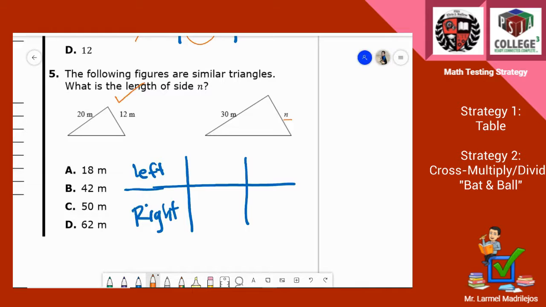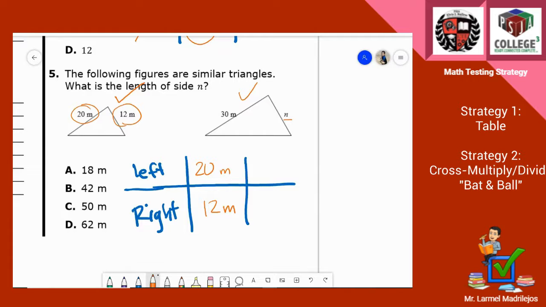On my left side, it's 20 meters. On the right side, it's 12 meters. So that's the sides of the triangle. You're going to do the same thing on this side of the triangle.